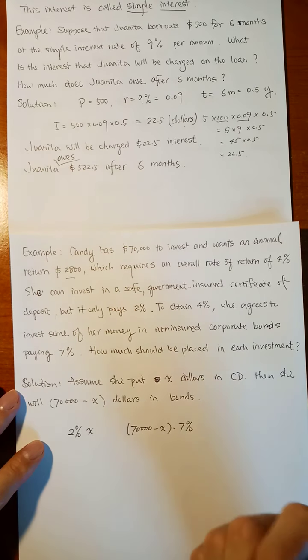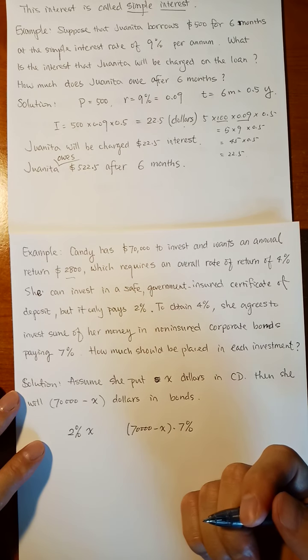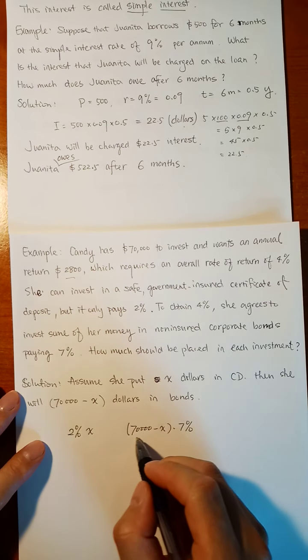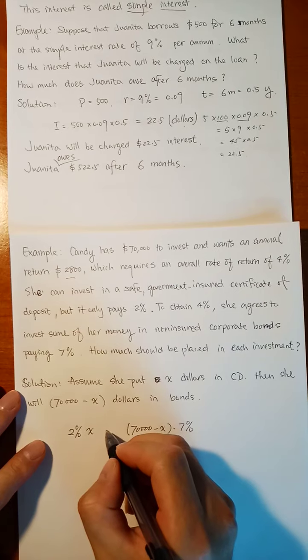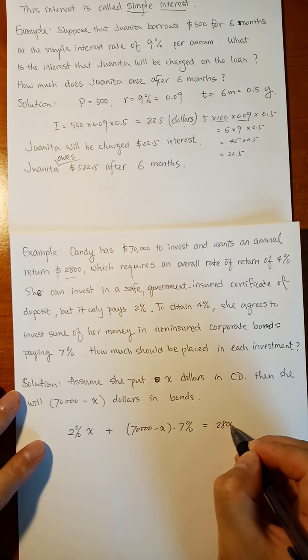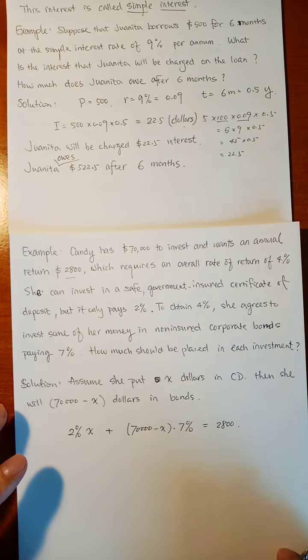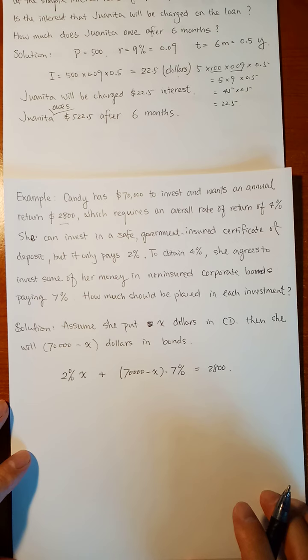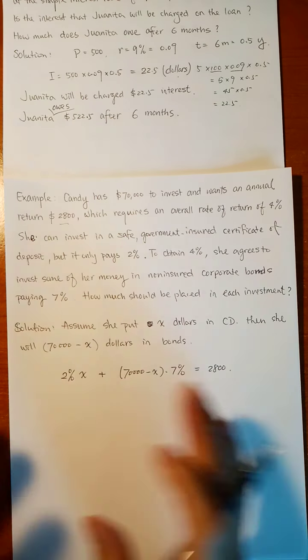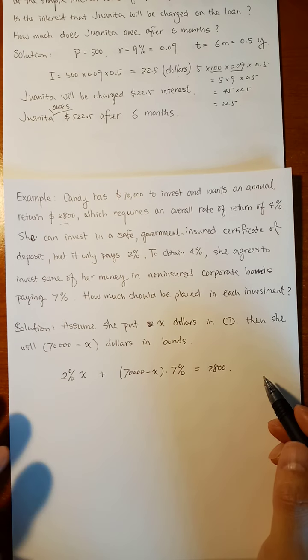This is the earning from the non-insured corporate bonds, right? This is principal times the rate. And together, they should meet the goal, 2,800, right? So that's a condition. So let's try to solve it.